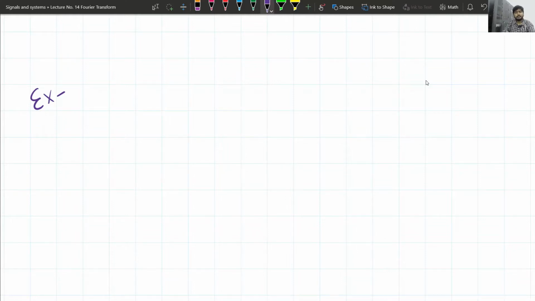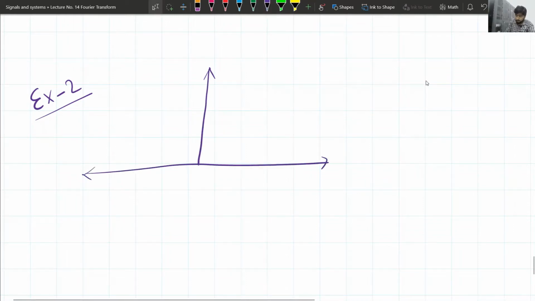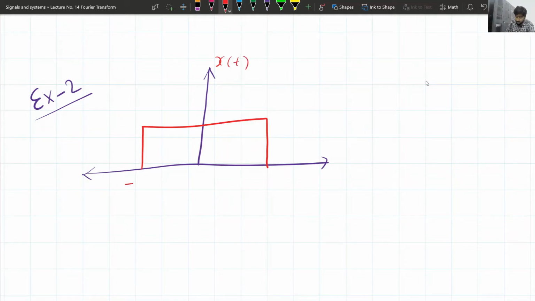Let's take another example. Suppose we have a rectangular function. Let's call it x(t), spanning over minus tau by 2 to plus tau by 2.